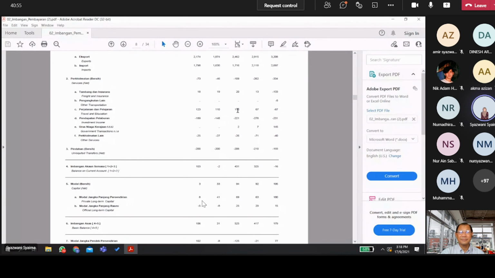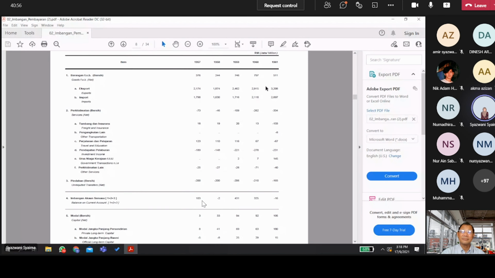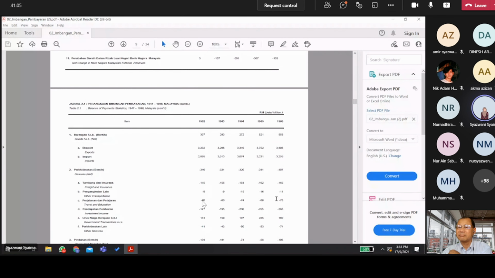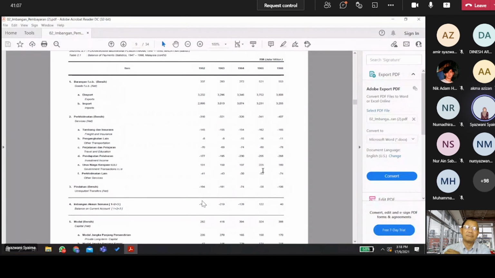Sorry. But this I can explain. From 1961 we have a deficit, negative 16, in our balance of payment until 1964. But then we managed to overcome it.